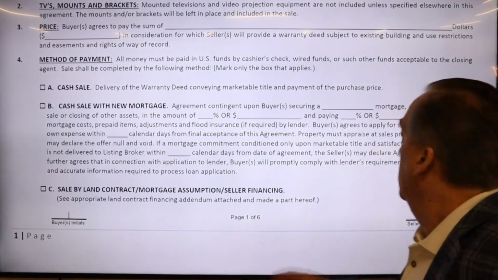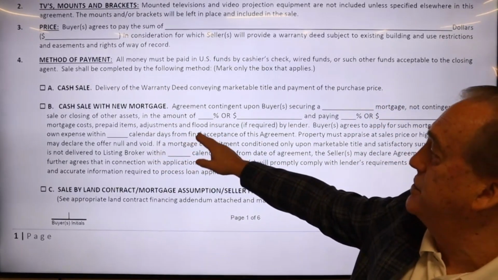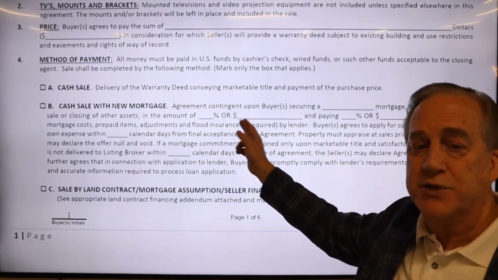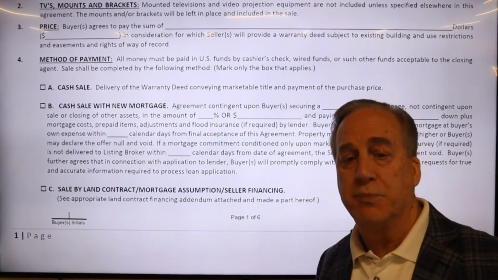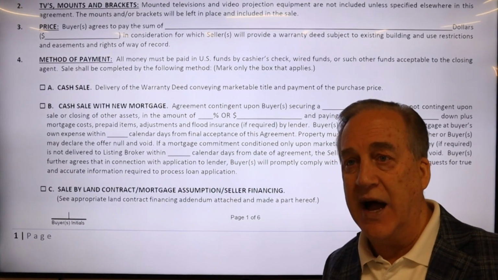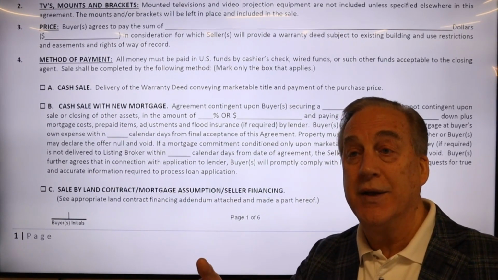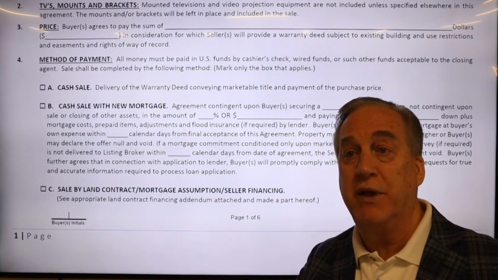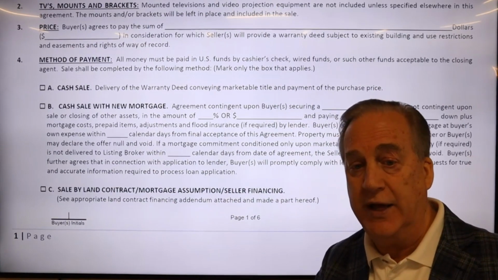Now it says not contingent upon the sale or closing of other assets, the amount of blank percent or blank dollars. I will encourage you to use the percentages, not the dollars. Counter offers happen, and it might change a person's ability to actually proceed with their approval for financing.